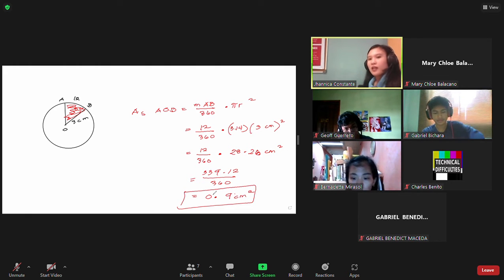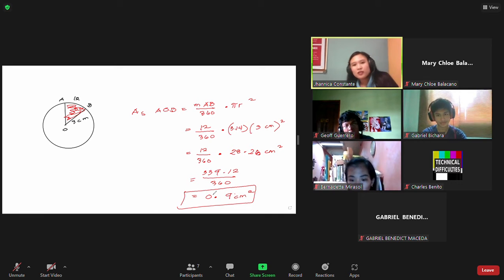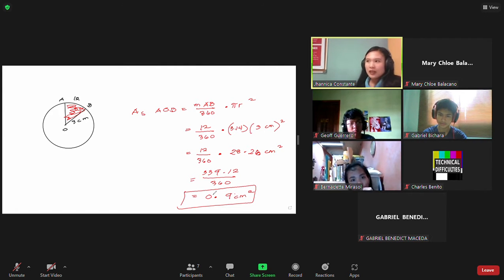So that's the area of our sector that has a radius of 3 centimeters and an arc which is 12 degrees. As you can see, if the given is the radius and the measurement of the arc, we need the value of pi.